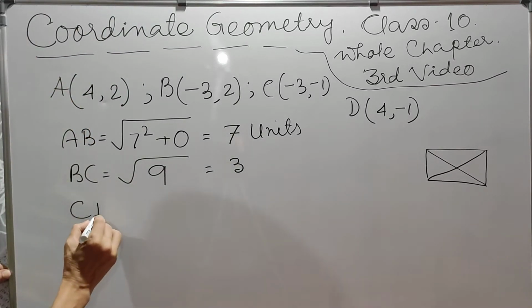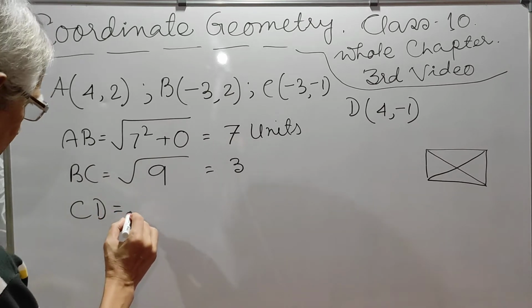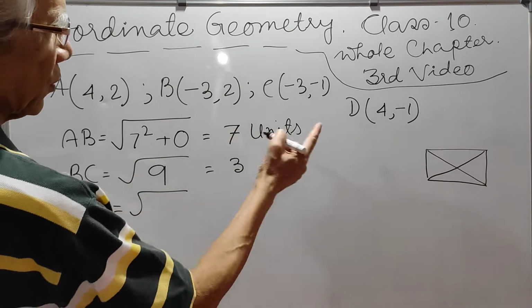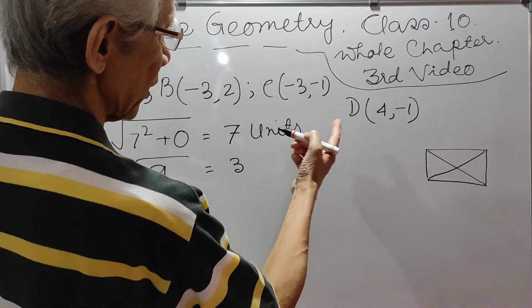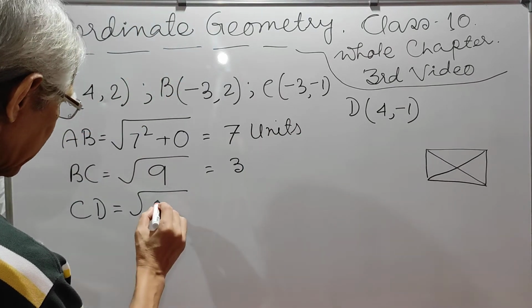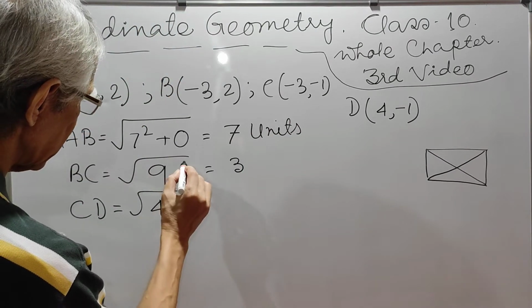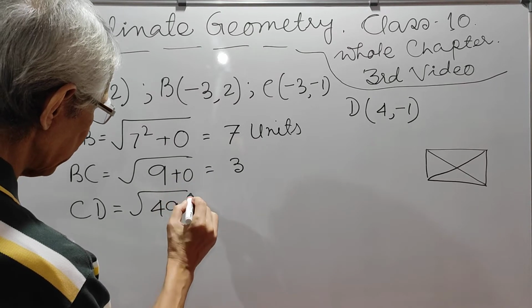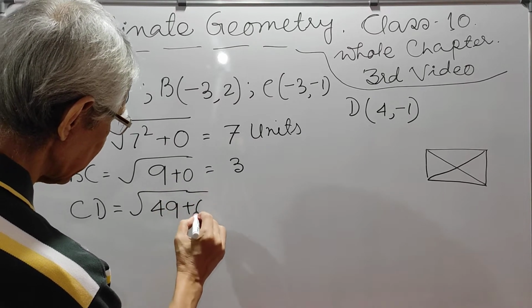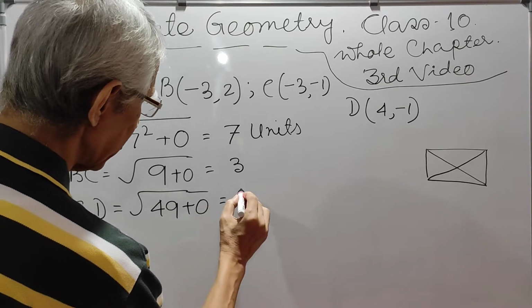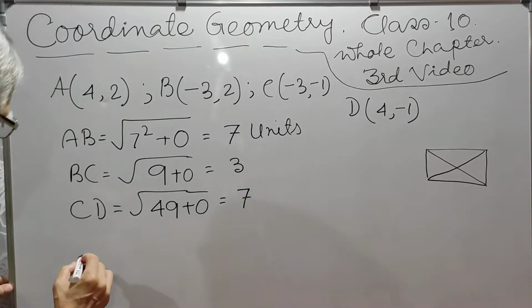Then CD. CD is the square root of (-3 - 4) squared, that is 7 squared, 49, plus 0. So the square root of 49 is 7. Then DA.